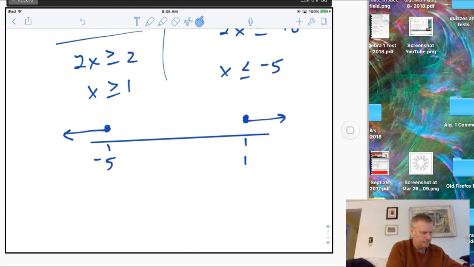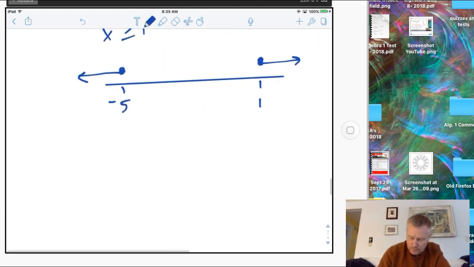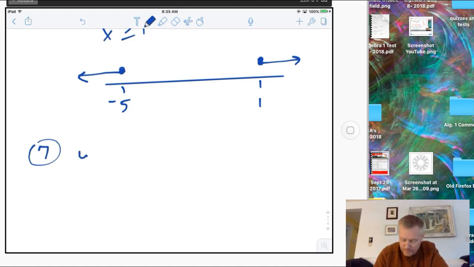Number 6. Write an inequality for: 6 less than a number is at least 5.